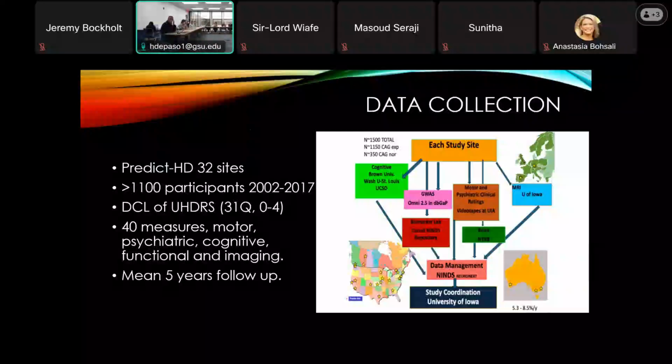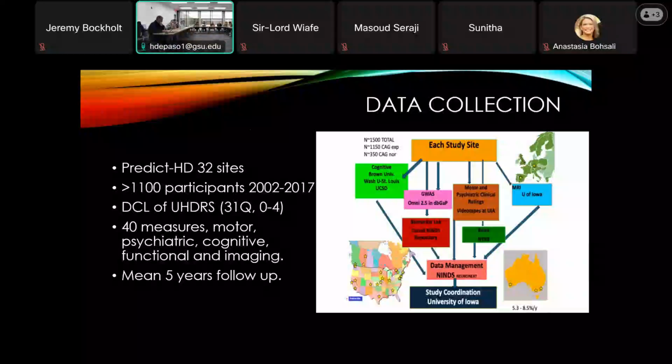Some of the data that was collected was the UHDRS, which is a 31-question questionnaire on a 0 to 4 self-reported scale of disability, and out of those 40 measures we looked at, it encompasses quite a lot of clinical markers such as motor, psychiatric, cognitive functioning, and we also included imaging itself.